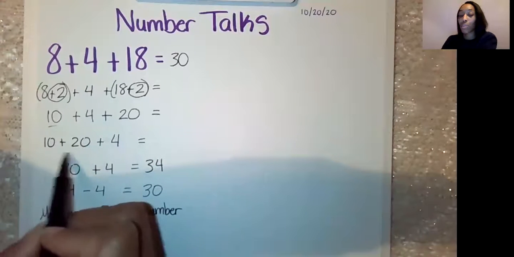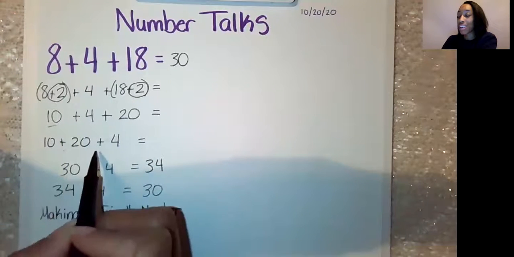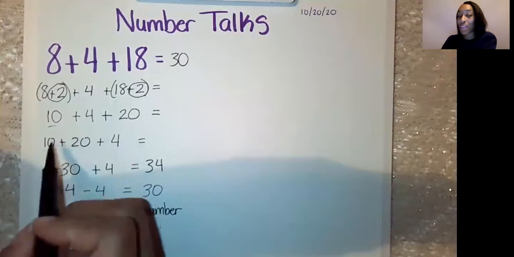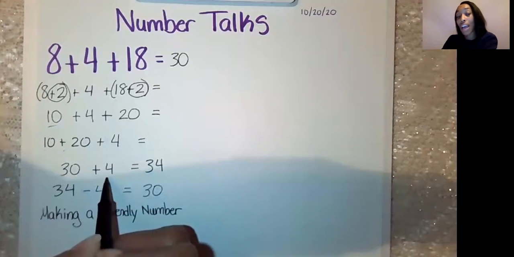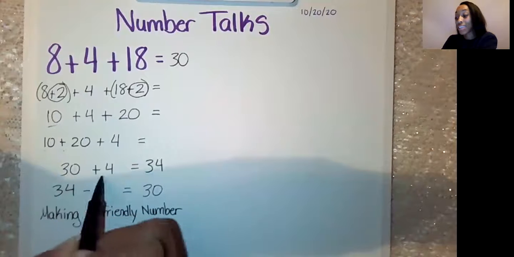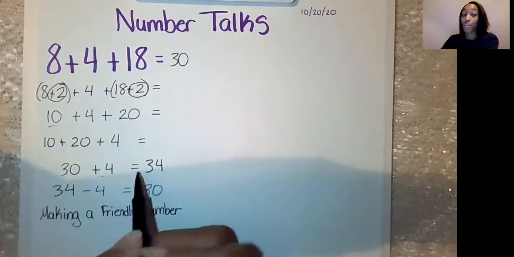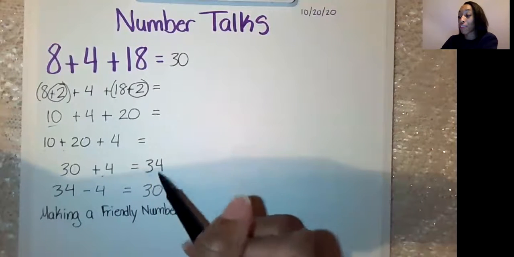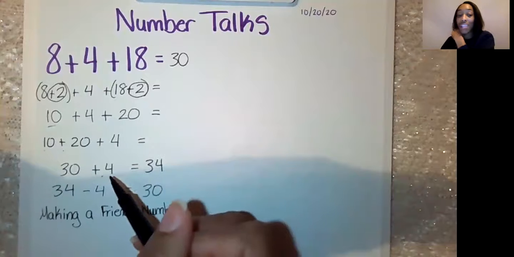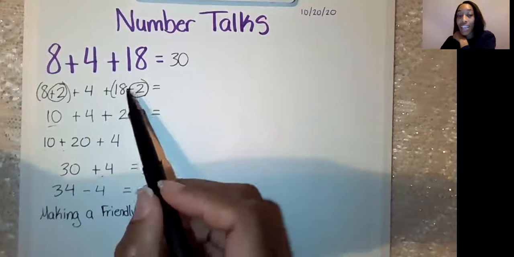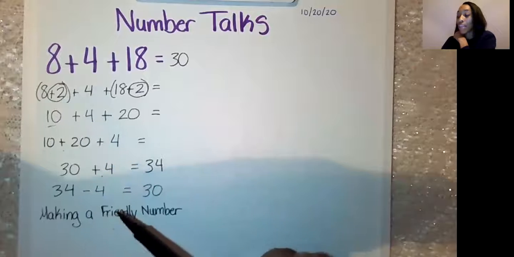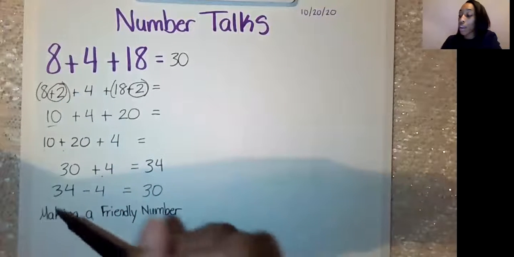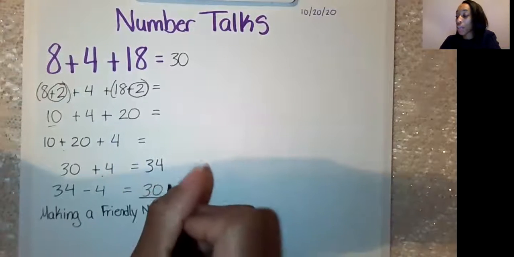So now putting those together, 10 plus 20 plus 4. When I added those, 10 plus 20 gave me 30, brought down the other addend, then I added these, gave me 34, but I have to remember, now that I'm at the final stage, I don't need to break anything else down. I can take those addends away that I provided in order to make a friendly number. And then I get my final answer.